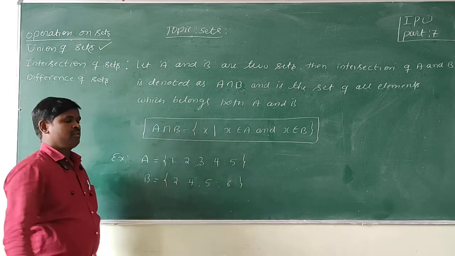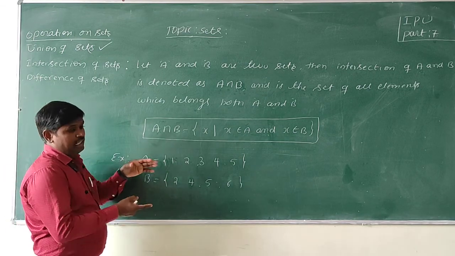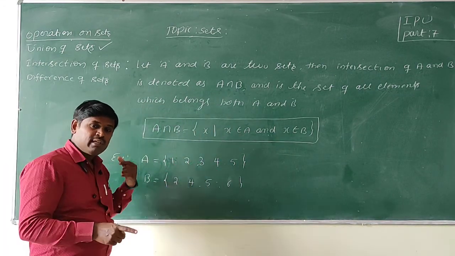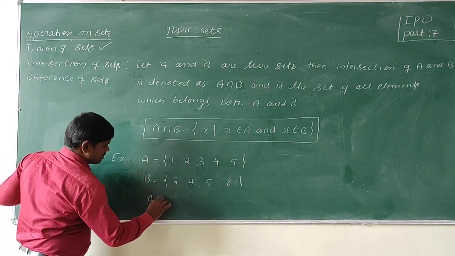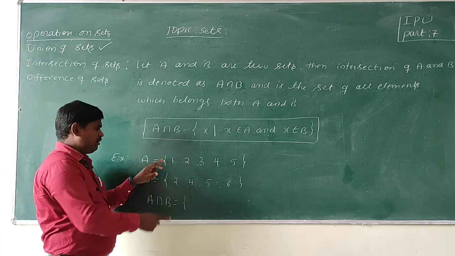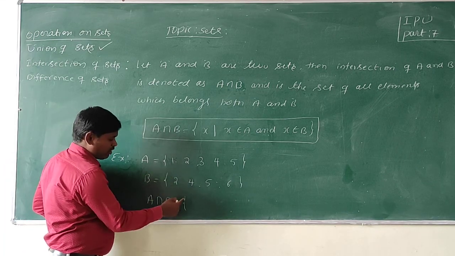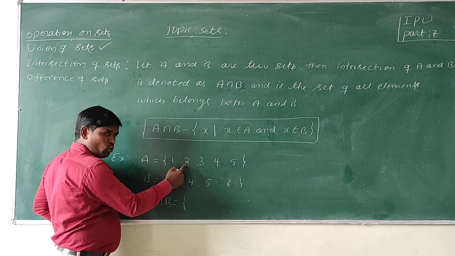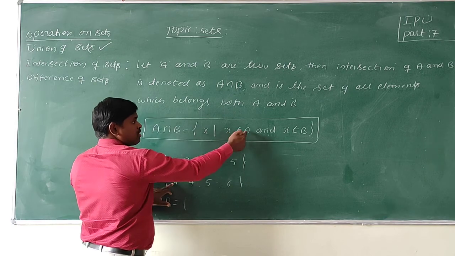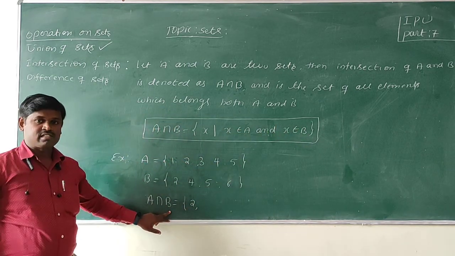Then A intersection B is nothing but the elements which belong to both A and B. The element 1 belongs to set A only, not to B. Therefore 1 does not belong to A intersection B. 2 belongs to set A and 2 belongs to set B. So therefore 2 is an element of A intersection B.